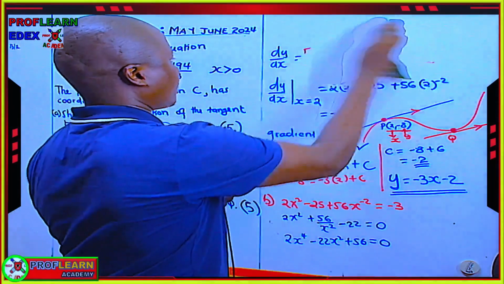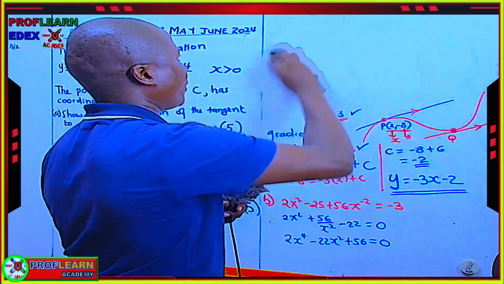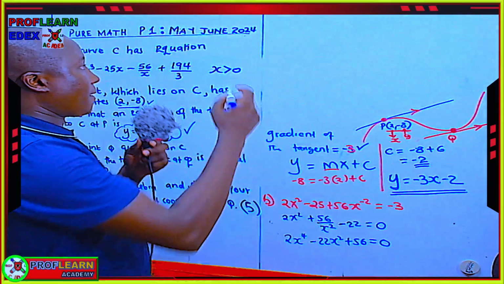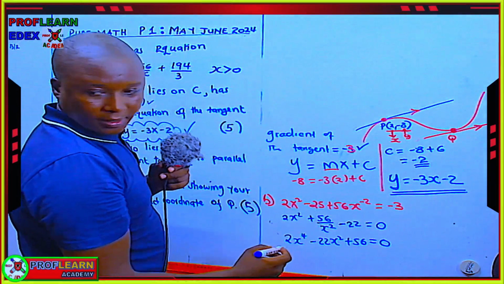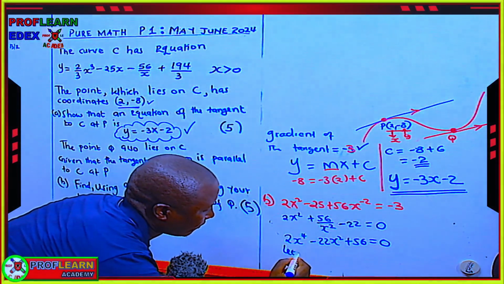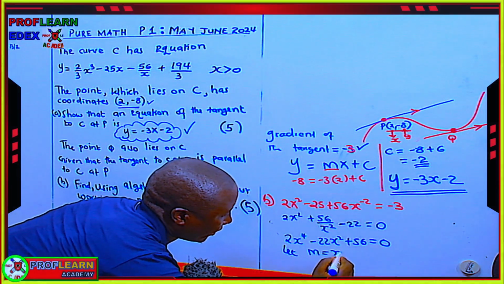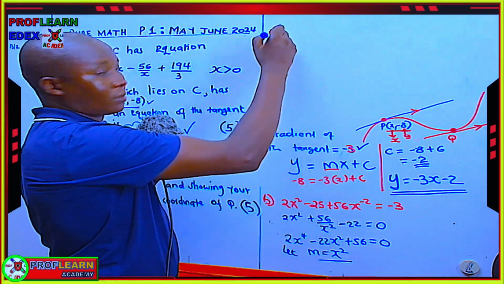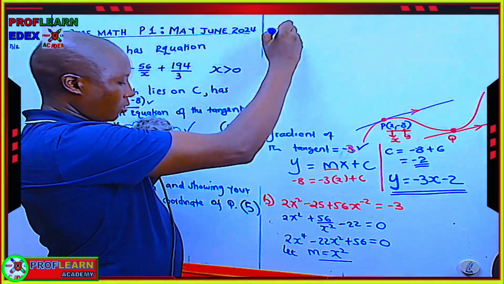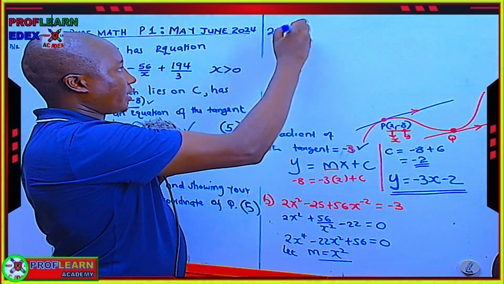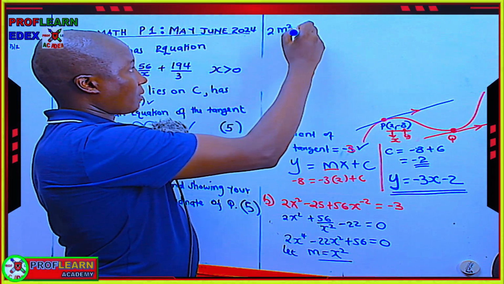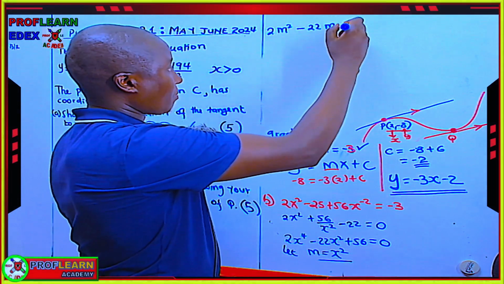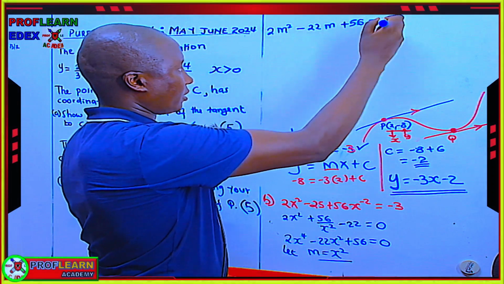All right, so I can just do away with this part that I have here, so that we can proceed with this question. Having this, we can say at this point, let m be equal to x squared, so that this equation reduces to 2m squared minus 22m plus 56 is equal to 0.